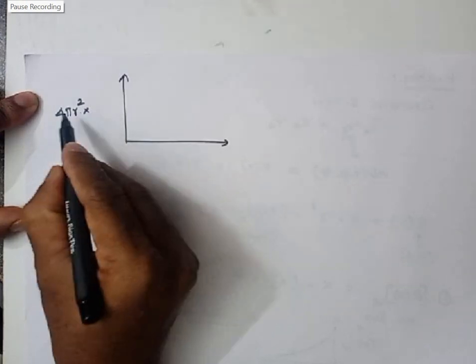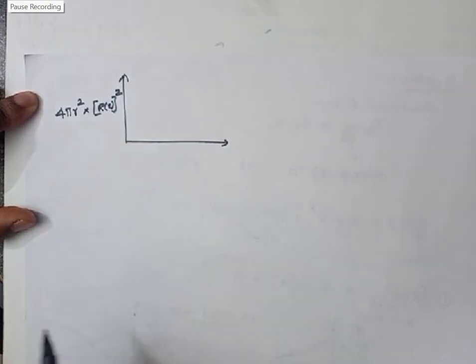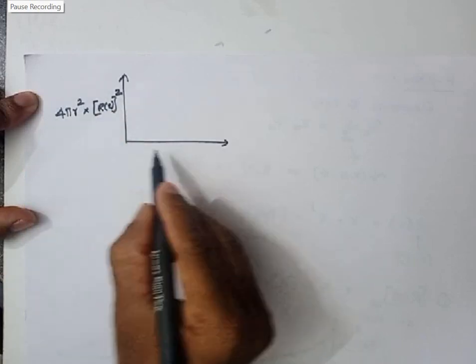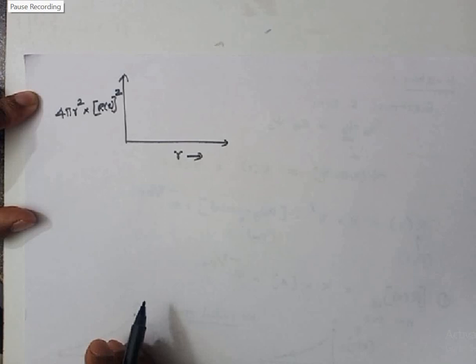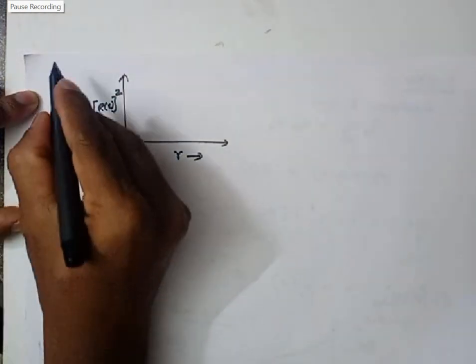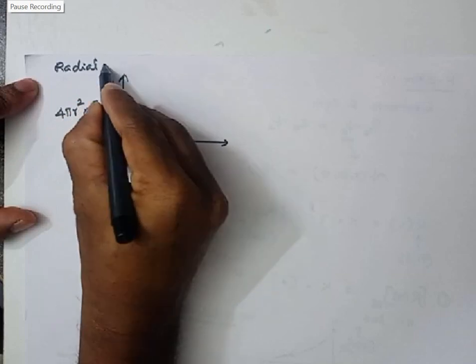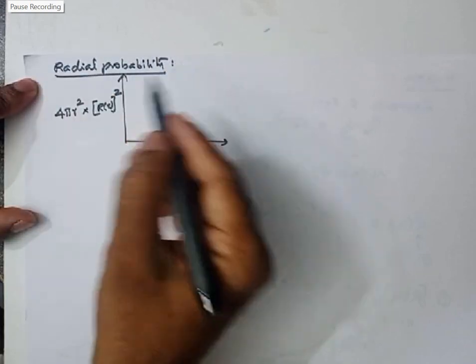So surface area of the sphere into probability, psi square. Now take this entire quantity and plot it versus r. This is called the radial probability plot, also called radial probability distribution.